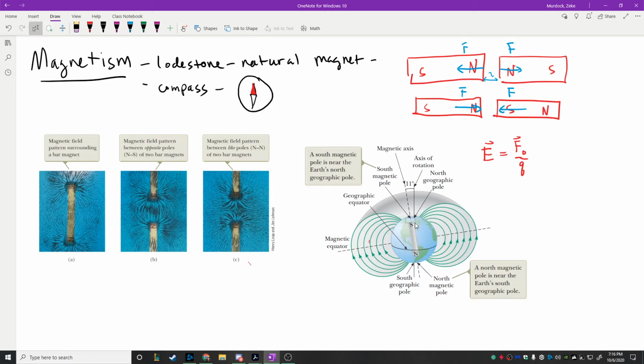What we call the North Pole of the Earth, the northern geographic pole, is actually the southern magnetic pole. Does that make sense? If I tell you that compasses always point north, and I tell you that for the compass this is the North Pole and this is the South Pole of the compass, does it make sense that the South magnetic pole of the Earth should actually be at the northern geographic pole?